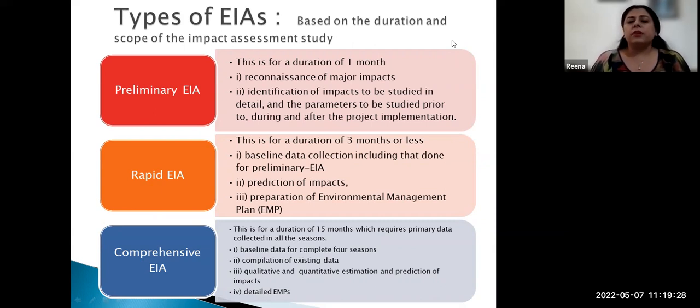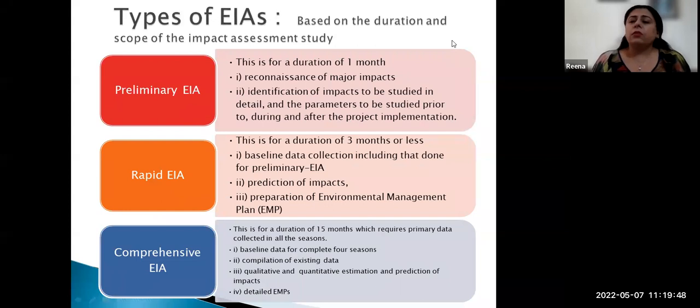So the projects where, for example, I told you there are many international projects where we do initial environment examination. So that is a kind of preliminary EIA. And this nomenclature of initial environment examination is basically from ADB guidelines.